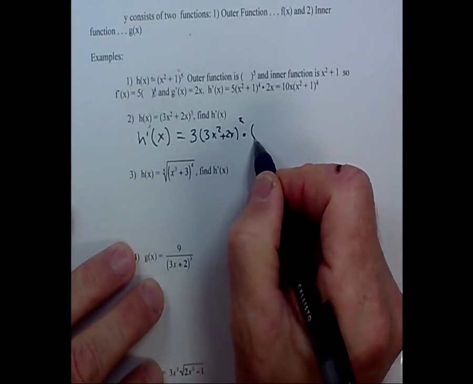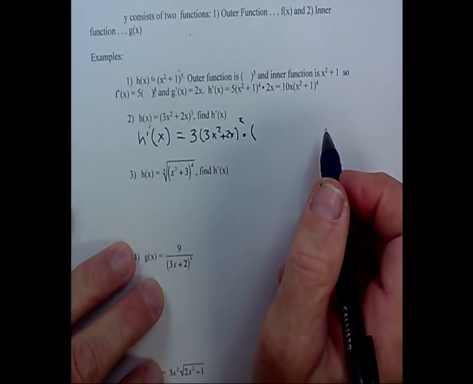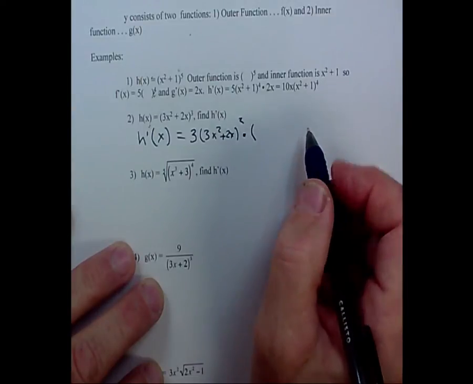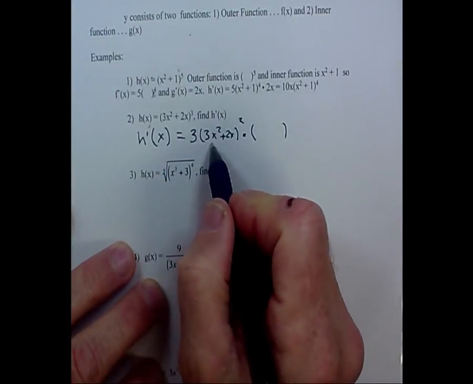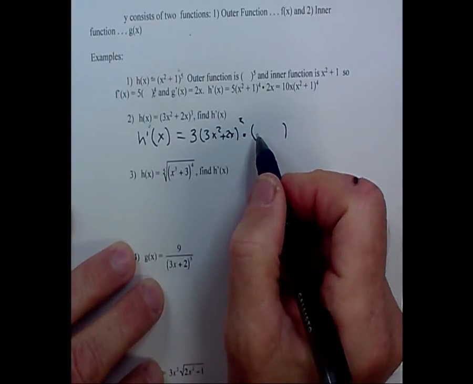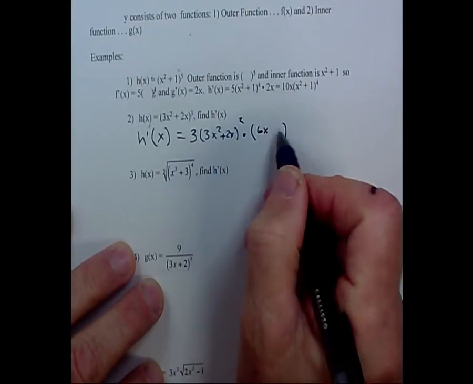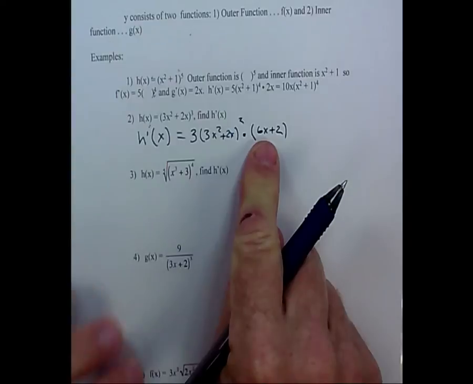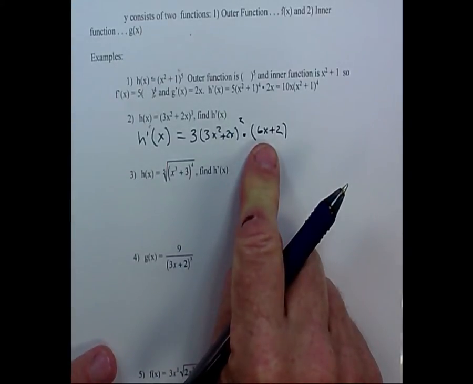Now we're going to come in here. And I'm going to have parentheses because I'm going to have two derivatives that I'm adding together. I'm going to take the derivative of what's in here. What's that? 6x plus 2. Now, Caitlin, the good news is you can just leave it like that. It is not helpful to multiply it out, because we're going to want it factored.